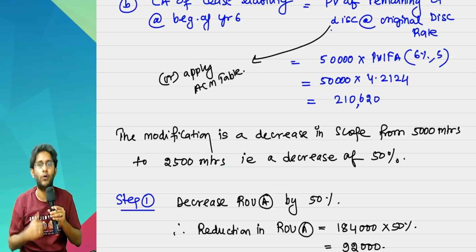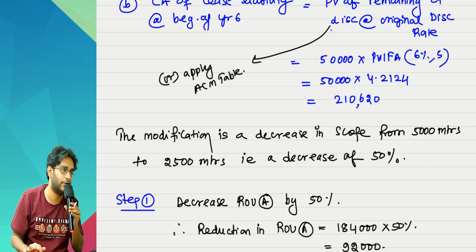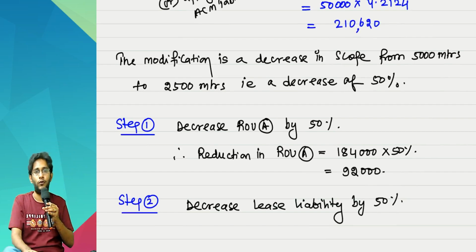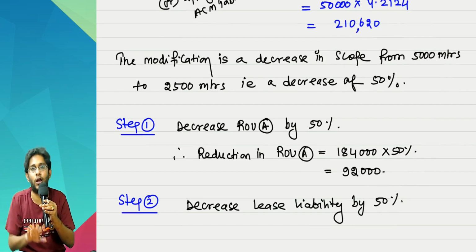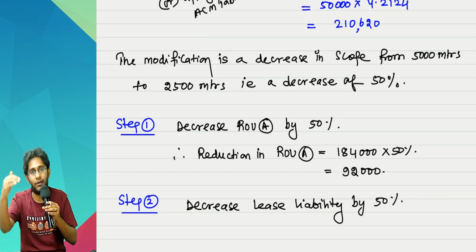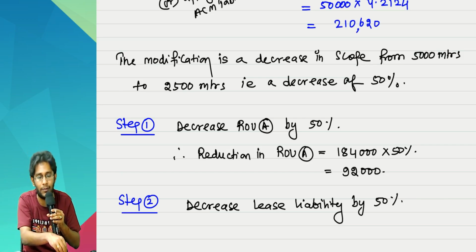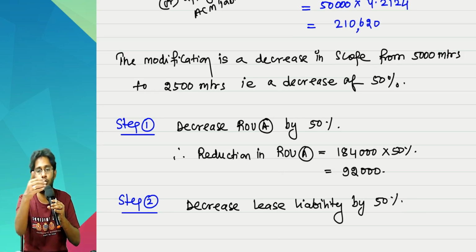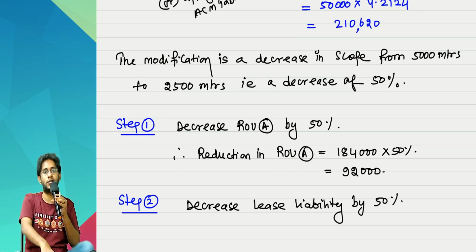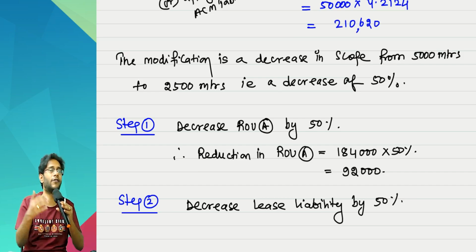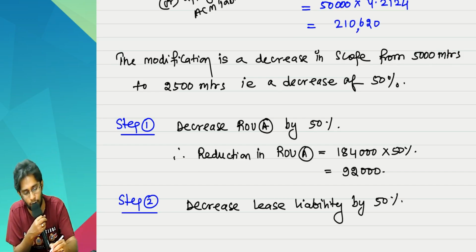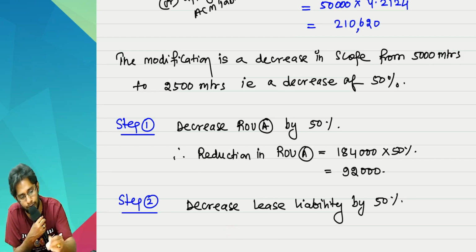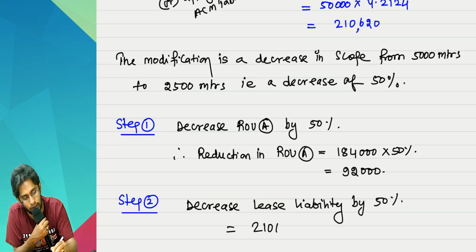So I'm computing like that. Instead of redoing the whole thing, I'm directly removing 50%. Even if you say my original rent would have been 25,000 only, if I apply the ACM table for the first 5 years, today my balance would have been 105,310. So from 210,620 to 105,310, how much reduction is required? Instead of making you do the whole thing, I am directly doing it: 210,620 into 50%, 105,310.